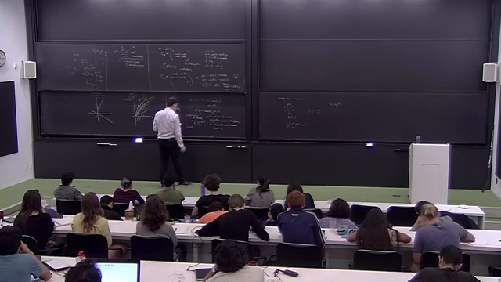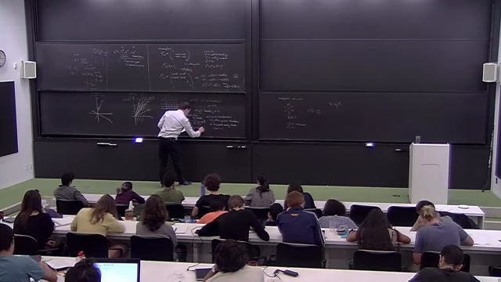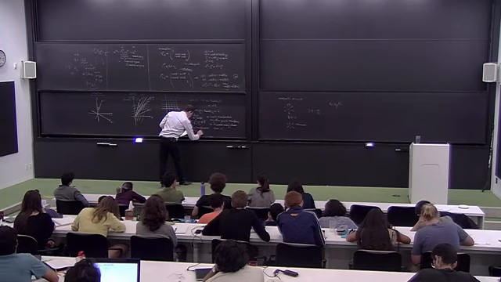Gamma is a function of the velocity v, and sinh theta is tanh theta cosh theta, which is gamma v over c.